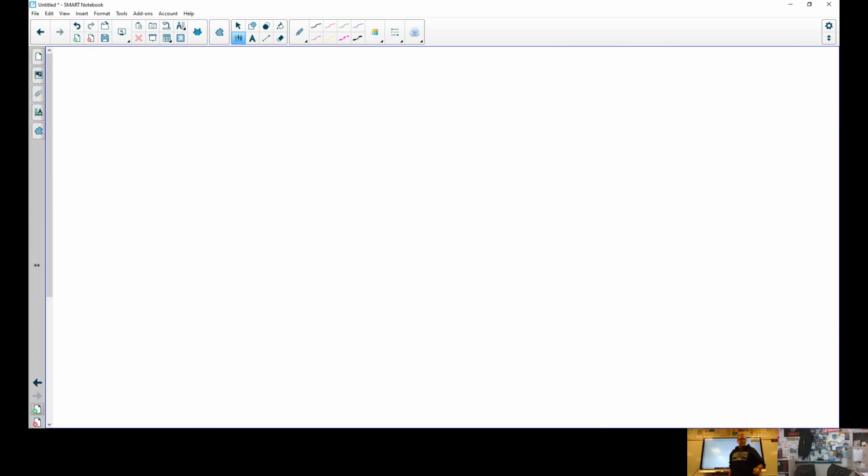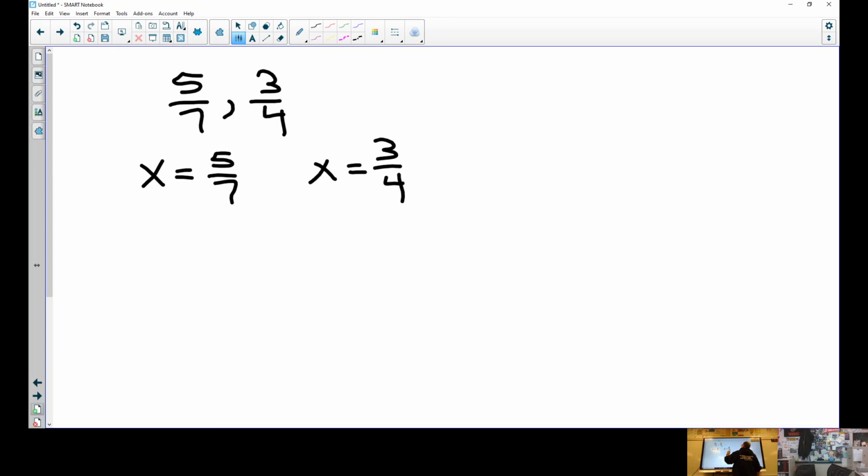This is it. All right. So let's see. Let's do another fraction. 5/7 and 3/4 are our roots. So again, I'm going to write that as x equals 5/7 and x equals 3/4.